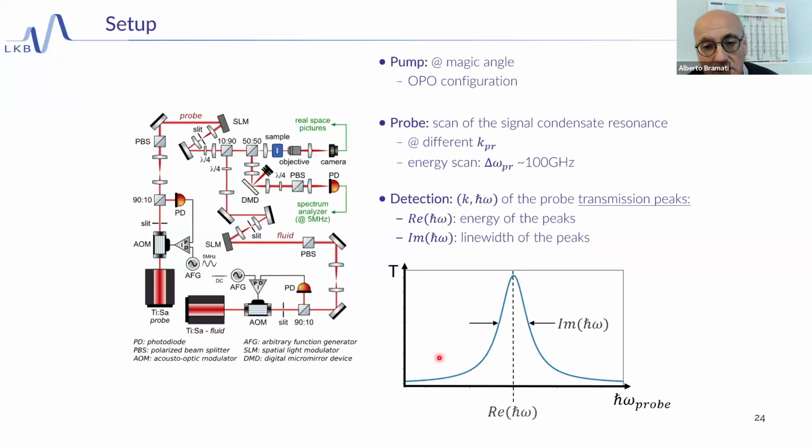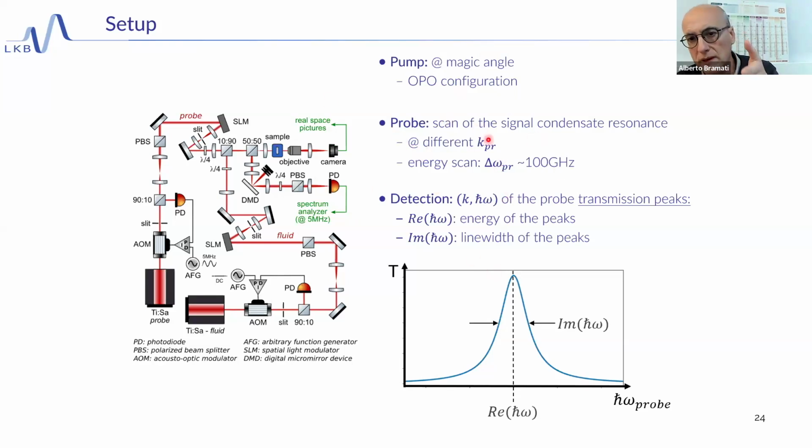And so, of course, with our technique, we are able to measure this dispersion relation of the Goldstone mode. Basically, the technique is the same. So we pump at the magic angle. We probe.